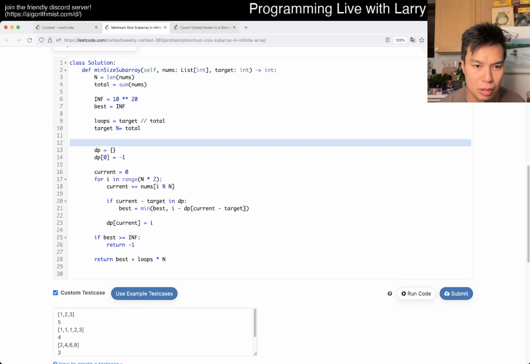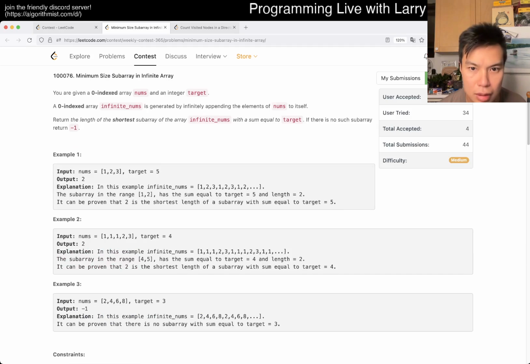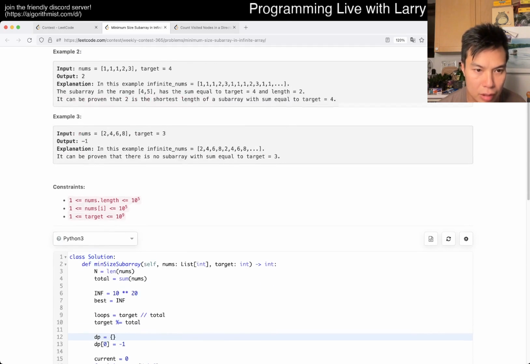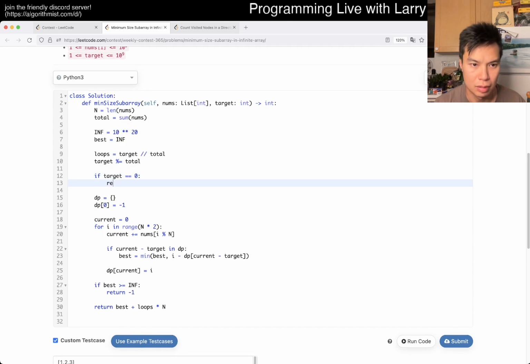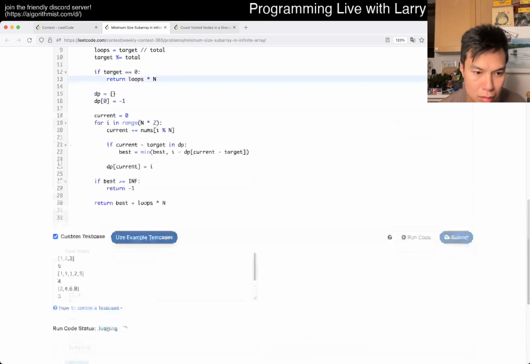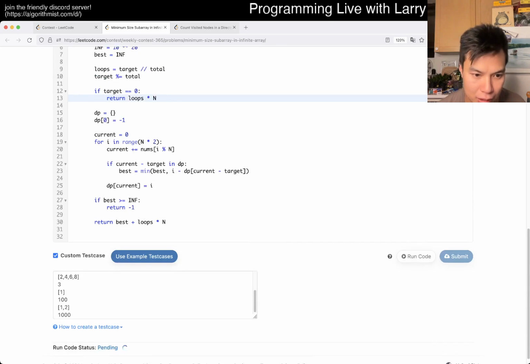Target is 0. Is target ever 0? Target is never 0, so I guess if target is 0, I mean, that's right, but I want a tougher one as well.